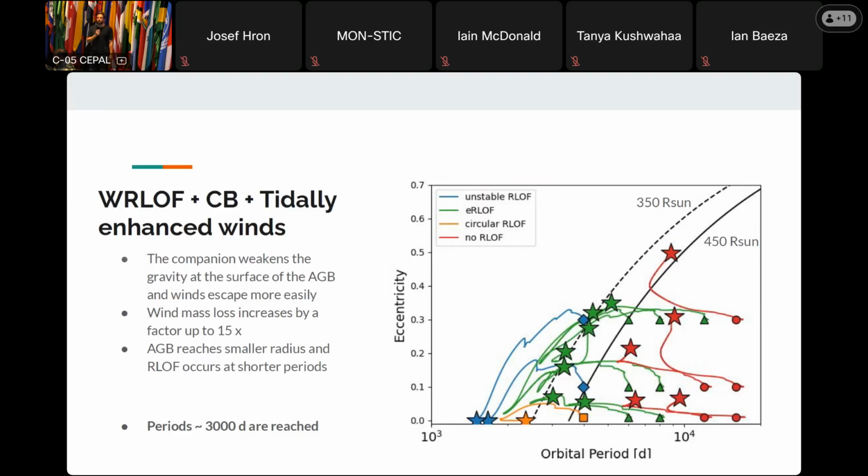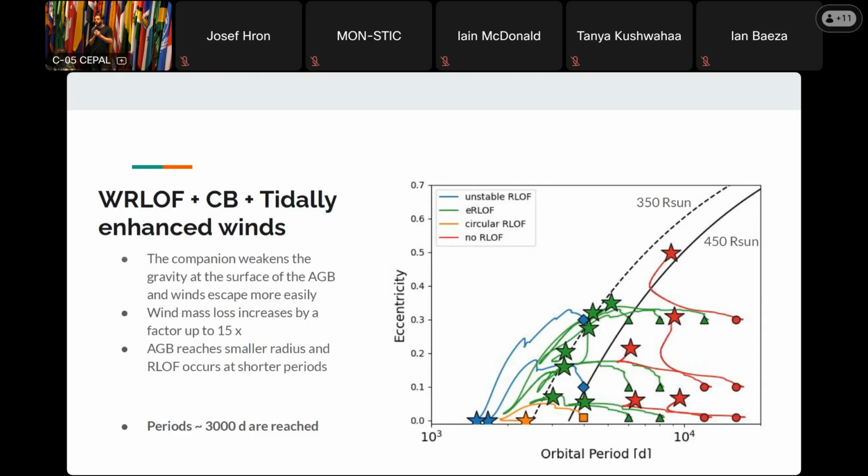So wind mass loss can increase even more. In that case, I have let the wind mass loss increase by a factor of up to 15. There are multiple effects, but the main one is that due to the higher mass loss rate, the binary evolves faster and will reach smaller radii than without this mechanism.